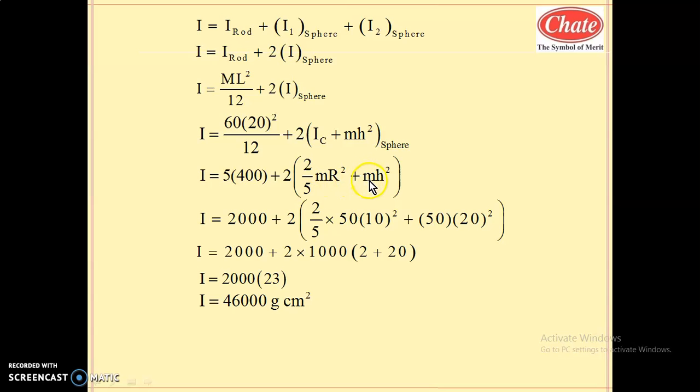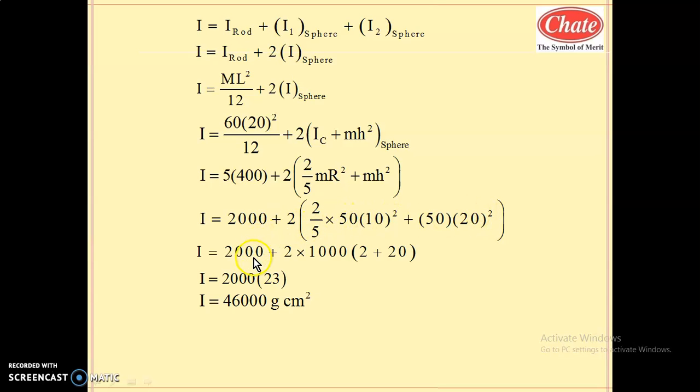So plus the mass of that sphere times the distance between the two parallel axes, that is h square. So I for the dumbbell will be 2000 plus 2 into 2 by 5, mass of each sphere is 50 gram, into the radius of each sphere, 10 centimeter, squared, plus the mass of the sphere, 50 gram, and the distance from the center of the sphere to the axis of rotation, 10 plus 10, that is 20, whole square.